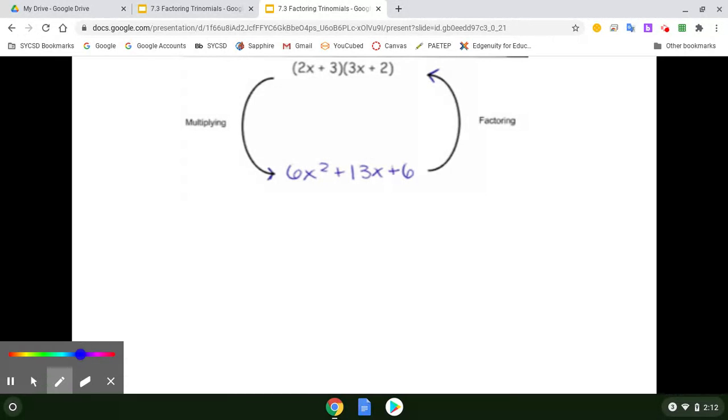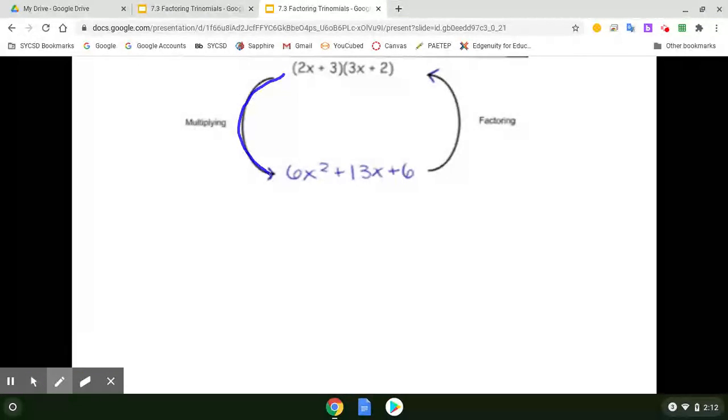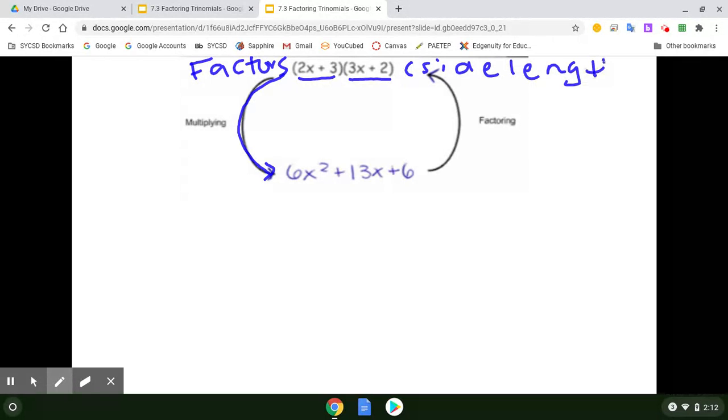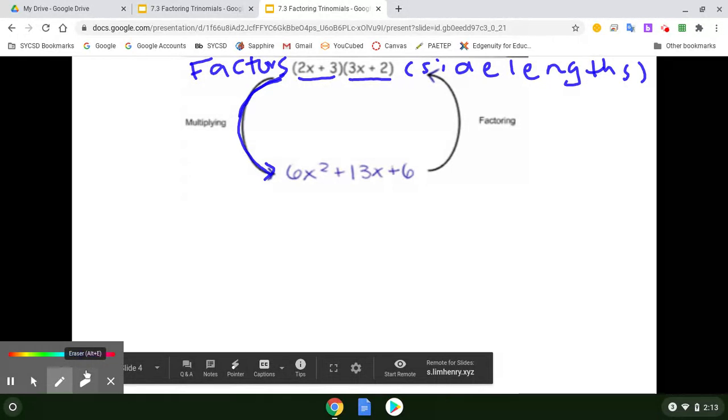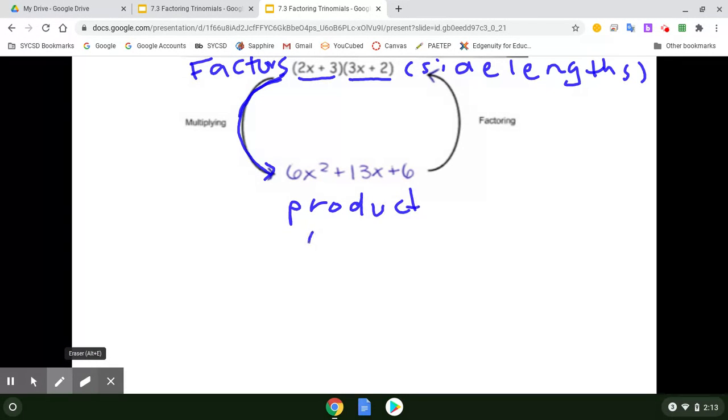So what we learned in 7.2 was the idea of multiplying polynomials, or in this case specifically, two binomials, right? So these are our factors, aka our side lengths, and we multiply them to create our product, aka the area of our rectangle.